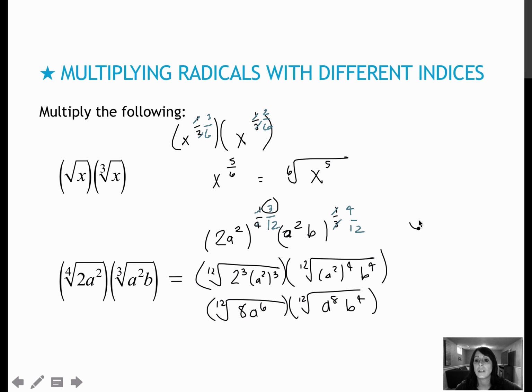So that gives me the 12th root, and I have 8 times 1, which is 8. I have a to the 6th and a to the 8th, which is a to the 14th. And I have b to the 4th. And of course, as with any question, I would try to reduce anything that I can. So I see that there are 14 a's and my index is 12, so I'm going to bring one a to the outside, which is going to leave me with 2 a's on the inside. So that would be my final answer.